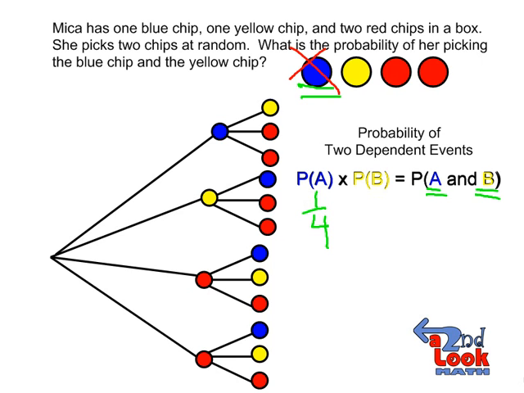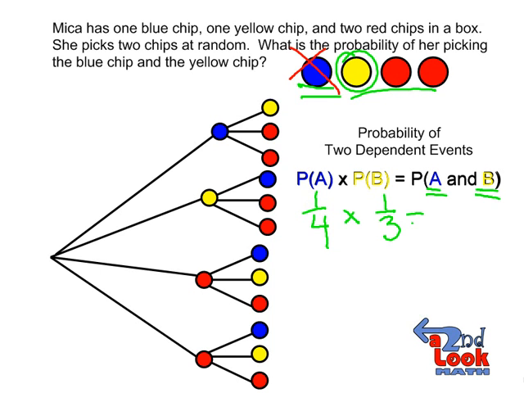And the possibility that yellow will happen is 1 of those 3. So the possibility of yellow happening is 1 out of 3. So the probability of the blue happening first was 1 out of 4, and the probability of yellow happening second is 1 out of 3.